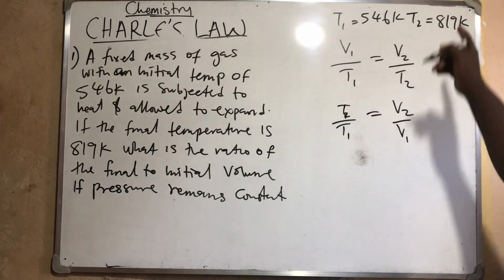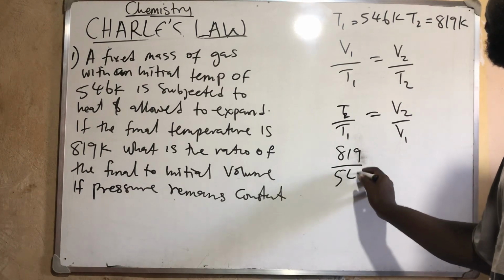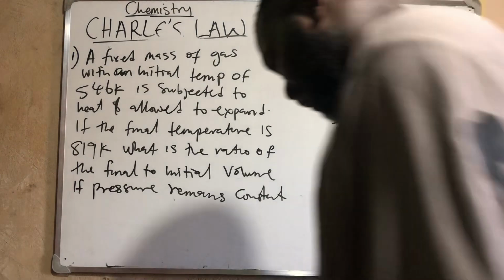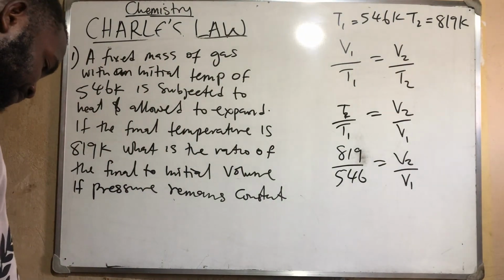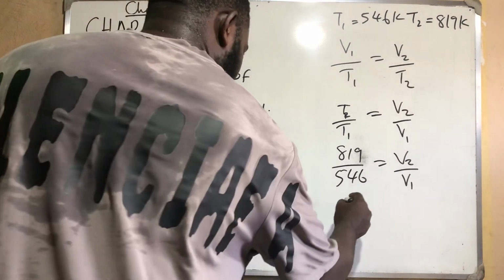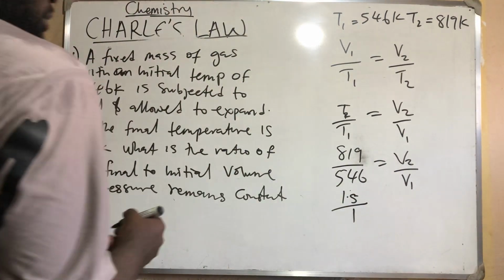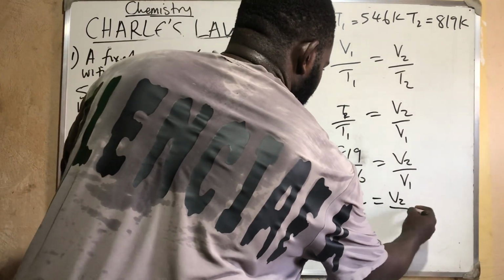So what do we have now? My T2 is 819 over 546 is equal to V2 over V1. If you reduce it to the lowest, you will have 1.5 up and 1 here, which is equal to V2 over V1.